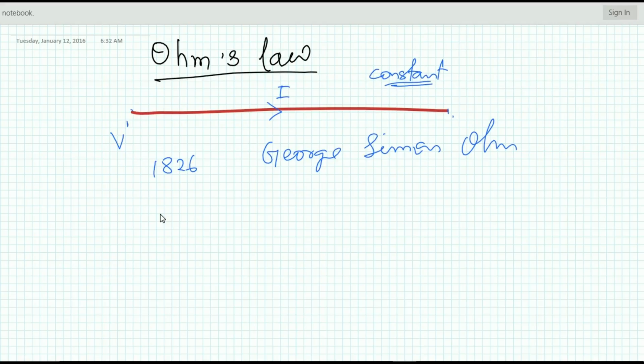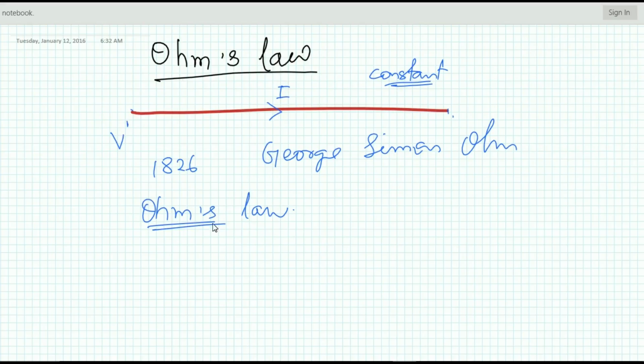This law is known very popularly as Ohm's law, after the name of the scientist.